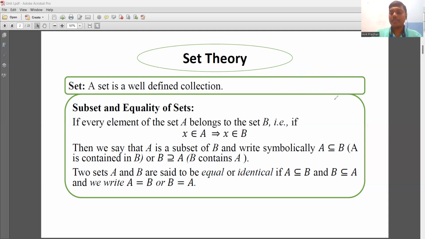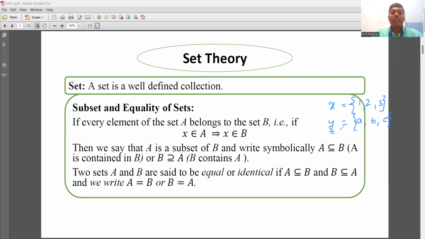Suppose I have 2 sets, X equal to 1, 2, 3, and another set Y equal to A, B, C. When will these 2 sets X and Y be called equal sets? Here also Y will be a set if A, B, and C have the same properties, that is, they are well defined.